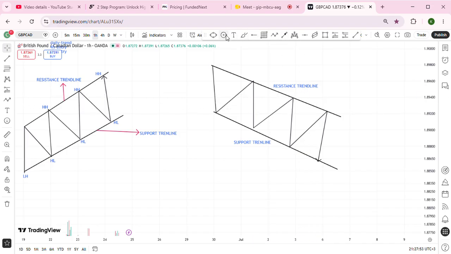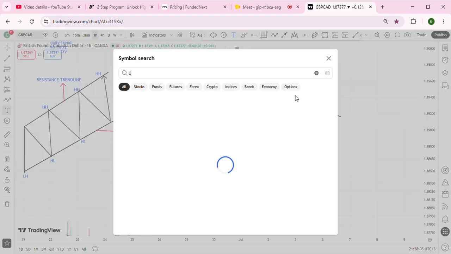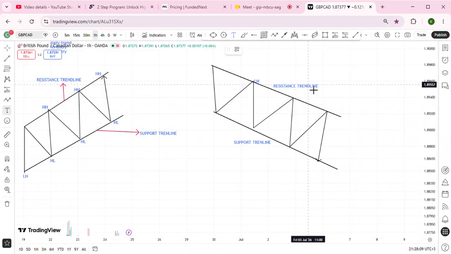So now let me label the others. We are going to have LH, lower high. We'll be having lower highs. These are now the characteristics, or what helps you know which trend we are in.